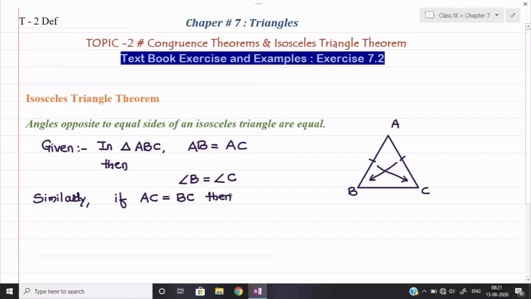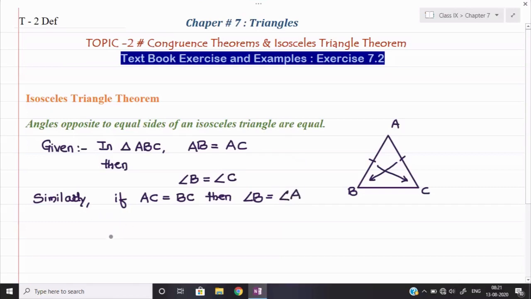Look in front of AC. Which angle is there? Still it is angle B only. But in front of BC, look at BC, it is at the bottom. In front of BC, the angle coming here is angle A. So angle B will be equal to angle A.